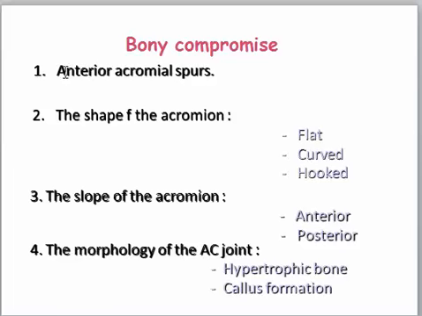We can get an anterior acromial spur, or what we have mentioned also, the os acromiale, or the shape of the acromion may be curved down or hooked, or the slope is abnormal, or there is hypertrophic bone as in osteoarthritis. Any of this change of shape, change of slope, or change of morphology can result in impingement.